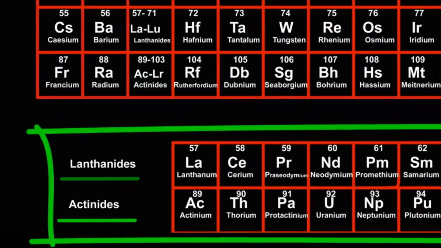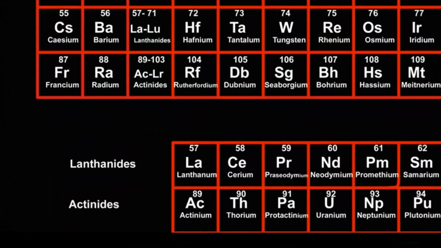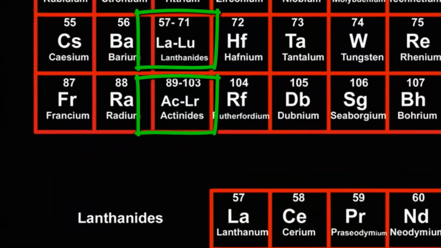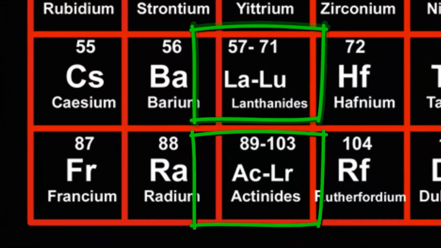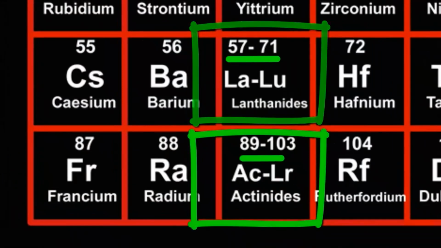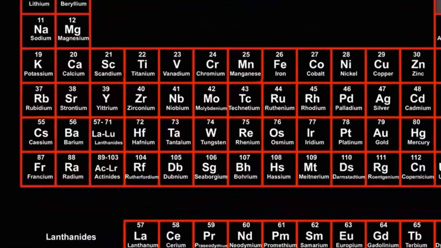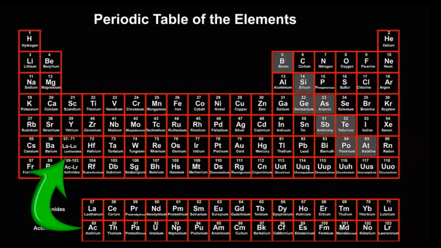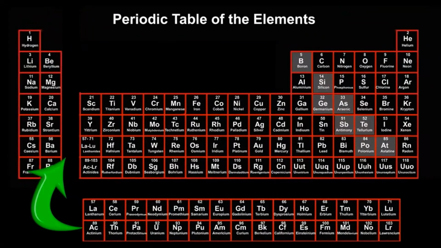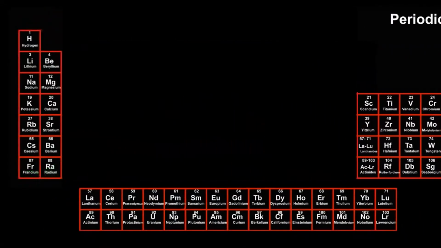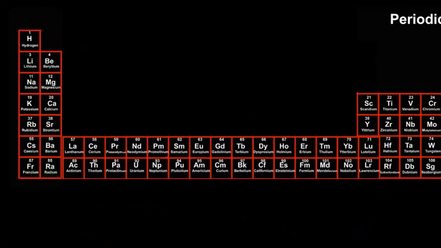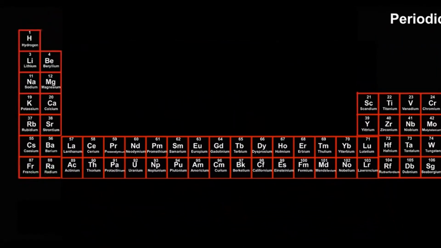Well, they really belong to rows 6 and 7 and should slot into these spaces. The lanthanides are elements 57 to 71 and the actinides are elements 89 to 103. To slot them in, we have to make the periodic table wider. This full table is more accurate and some versions are printed this way.